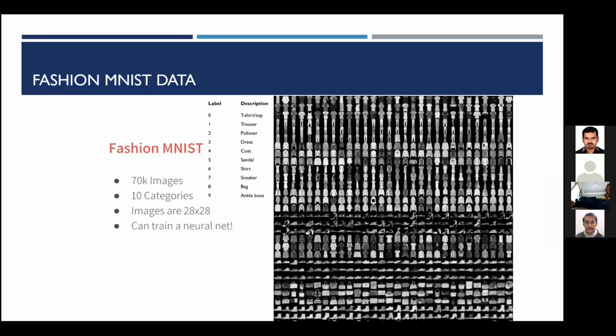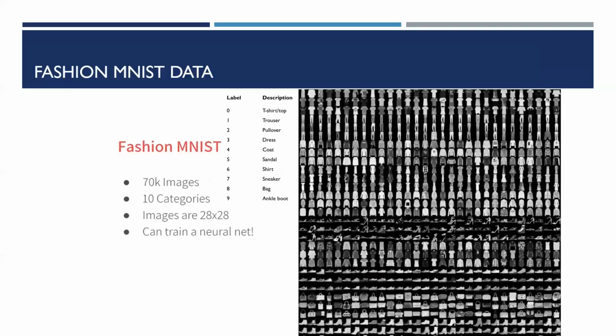There are a lot of datasets available, even with TensorFlow, and these are all part of TensorFlow, so you can just load them. This FashionMNIST data is a set of 70,000 images, and these are of 10 categories.